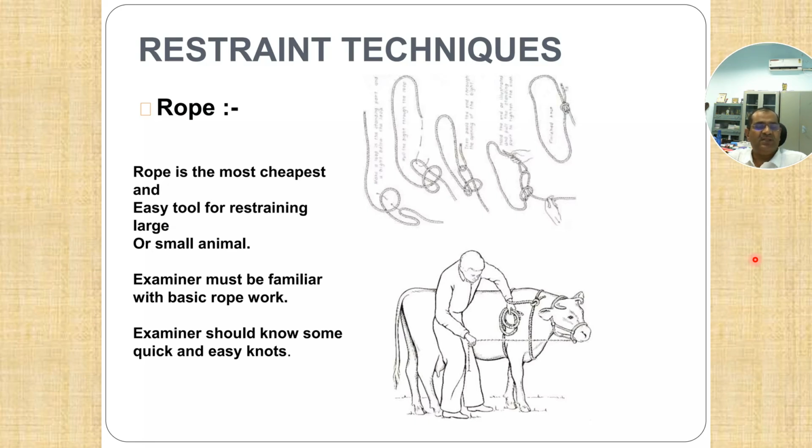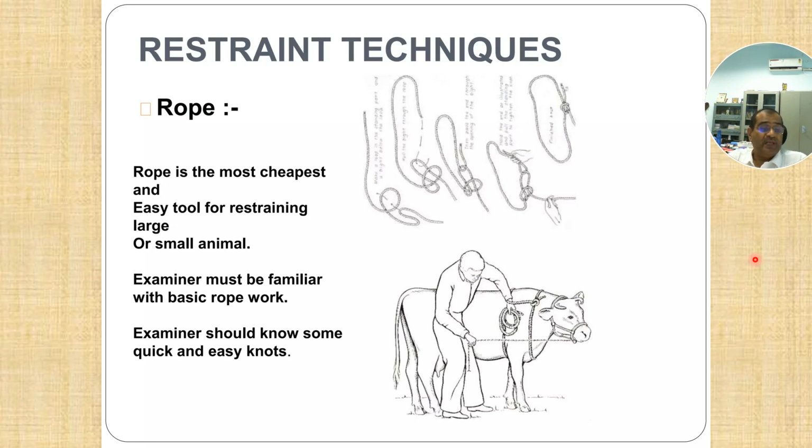So the rope is also very useful. Even a small rope can give the cattle maximum restraint, and rope is the cheapest, we need not pay much, and it is easily available at the village level, and both small and large animals can be restrained by a rope.